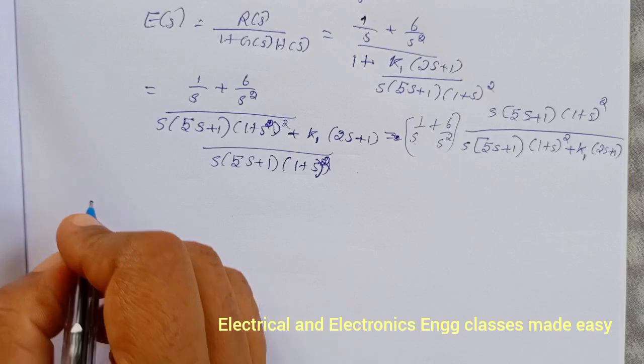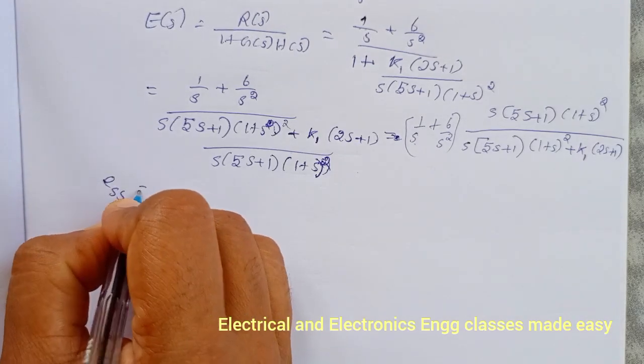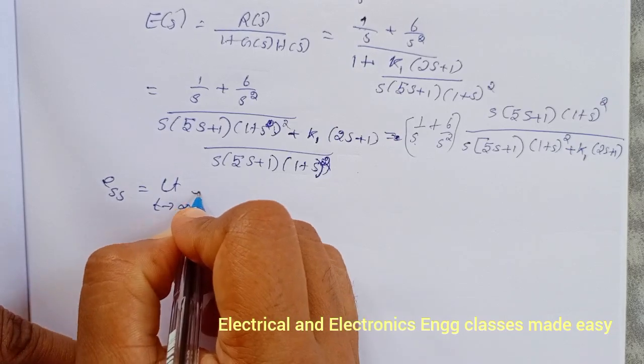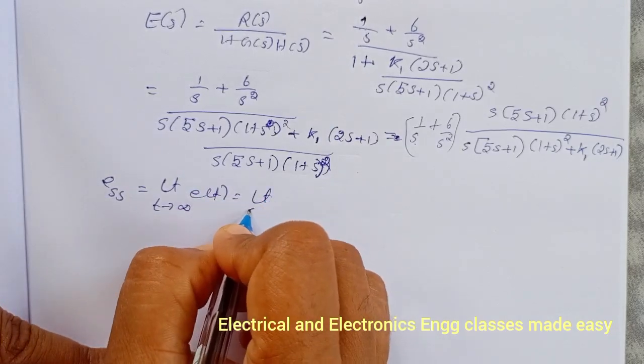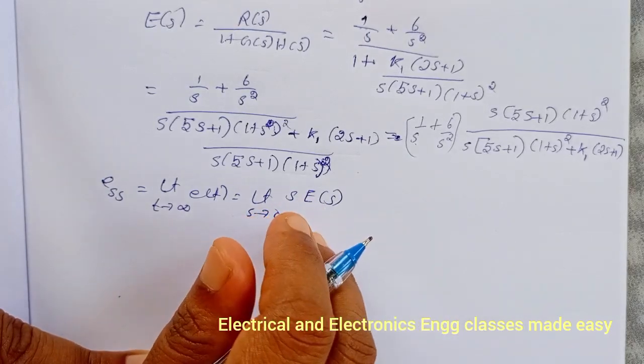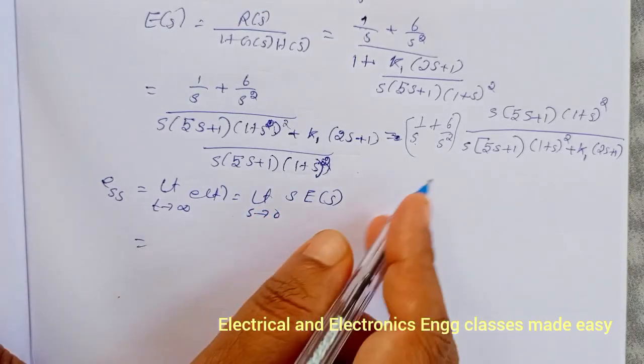Now we have steady state error ESS equal to limit t tends to infinity of e(t), and that is equal to limit s tends to 0 of s into E(s) from the final value theorem. So we can apply the limit here.